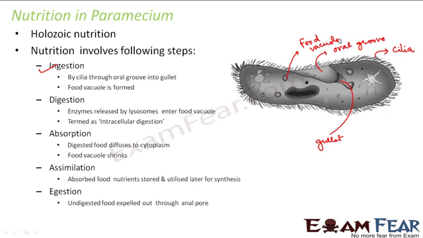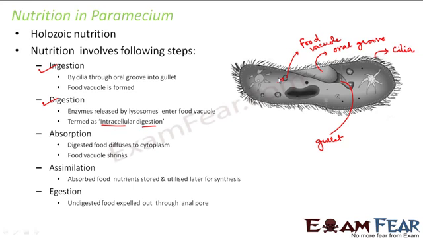Now the next step is digestion. For digestion we obviously need some enzymes so that they can break down the complex food into simpler molecules. Enzymes released by lysosomes enter the food vacuole. The term is known as intracellular digestion. The same process will happen in case of paramecium also. Lysosomes will release some enzymes. Those enzymes will enter inside this vacuole and break down the complex food into simpler ones.